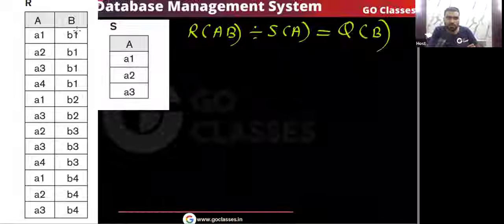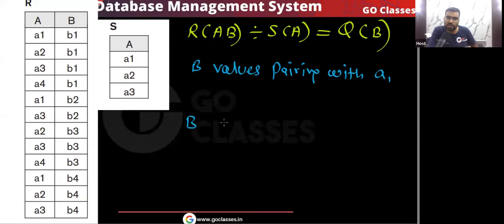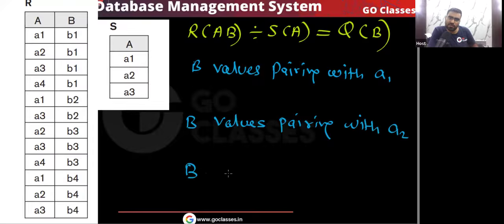I will find B values pairing with A1. Then I will find B values pairing with A2. Then I will find B values pairing with A3.